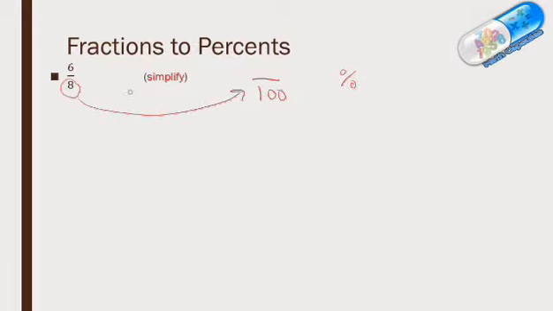The easiest thing is that the first step you simplify to the simplest form. To simplify 6/8, you divide both numerator and denominator by the greatest common factor. And what is the greatest common factor between 6 and 8? It is 2. So it will be 3/4.